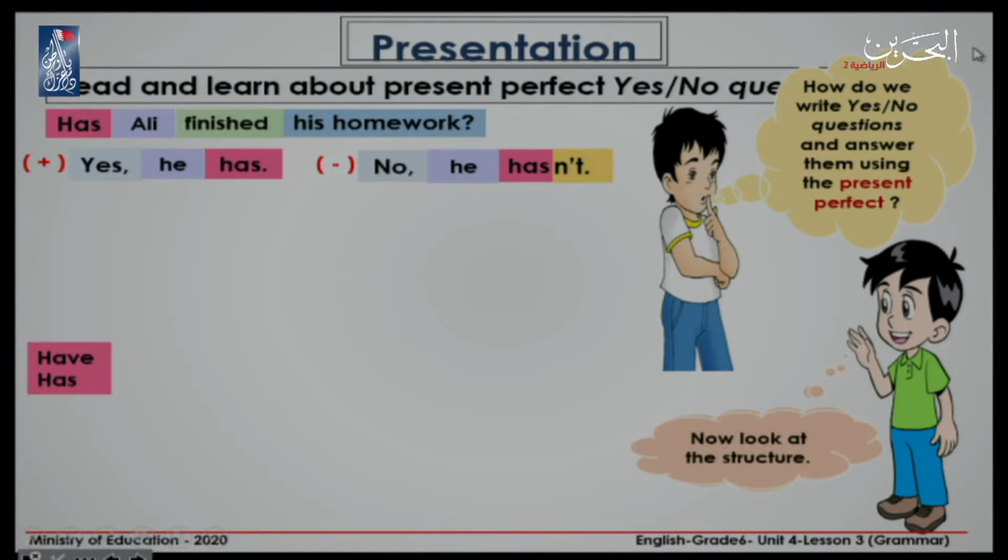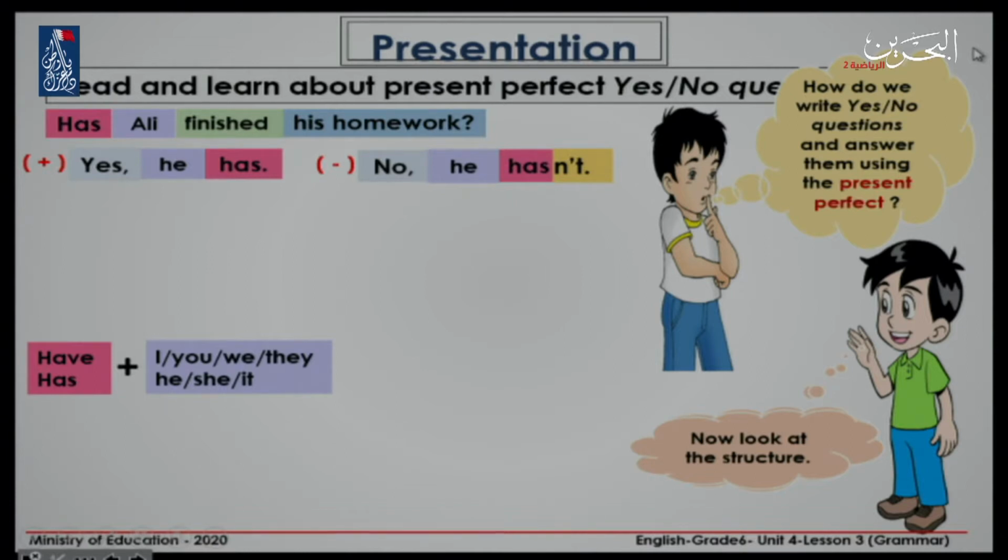So to write a question, you have to start with have or has. And then the subject. The subject can be I, you, we, they, he, she, it, or it can be a name, like for example Ali or Sarah.